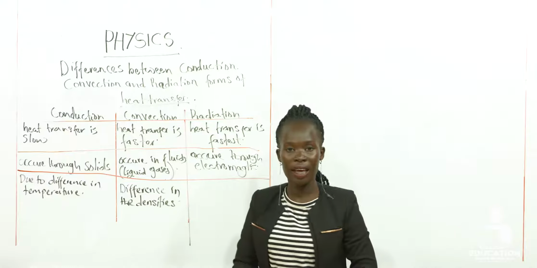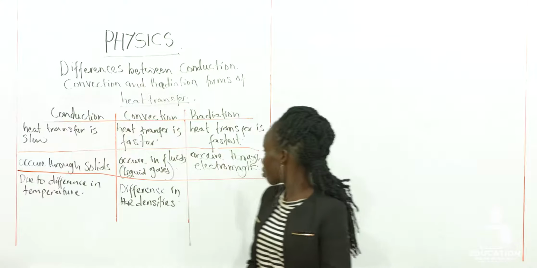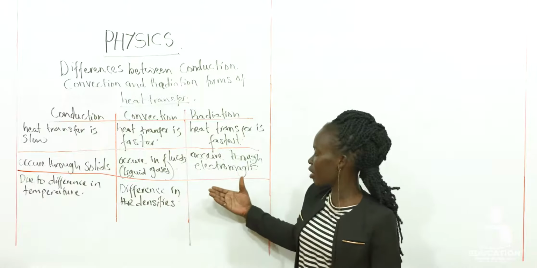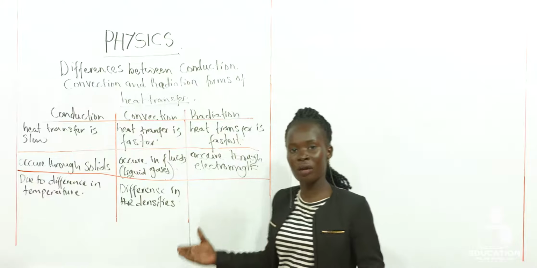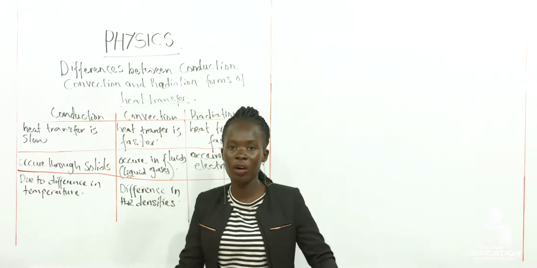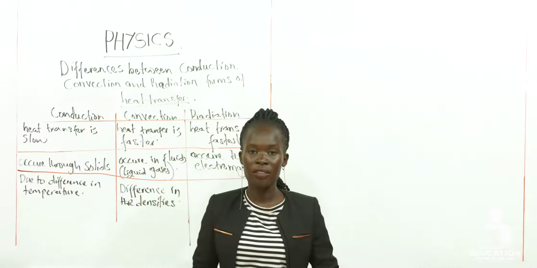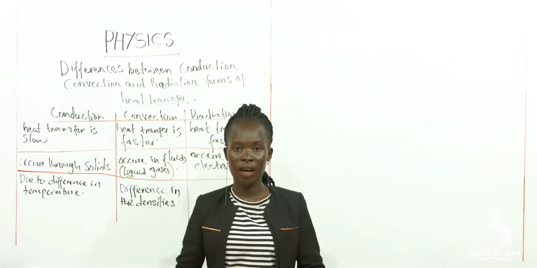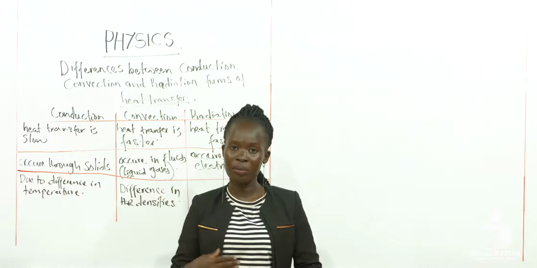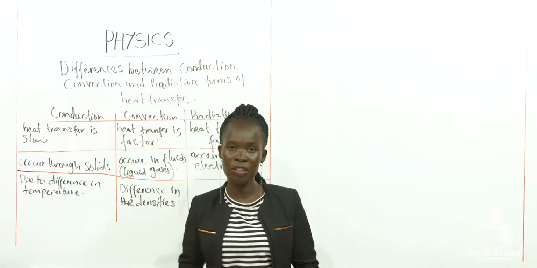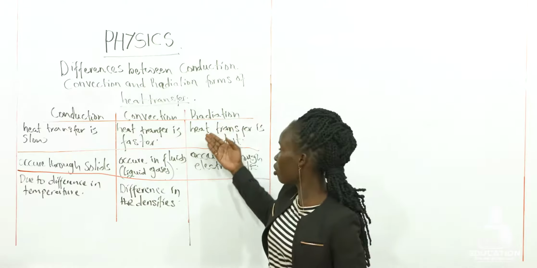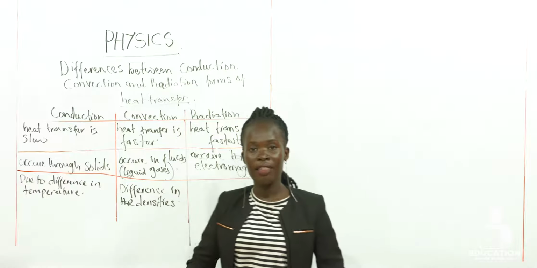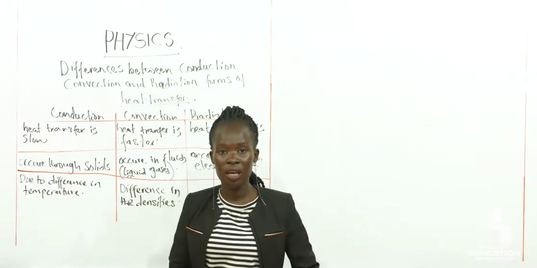With radiation, this form of heat transfer occurs on substances that have a temperature beyond 0 Kelvin. Anybody with a temperature above 0 Kelvin will experience this, because during radiation the object does not change in mass.